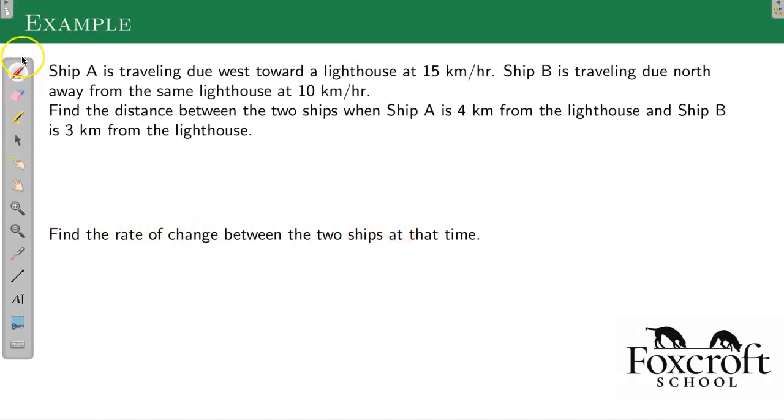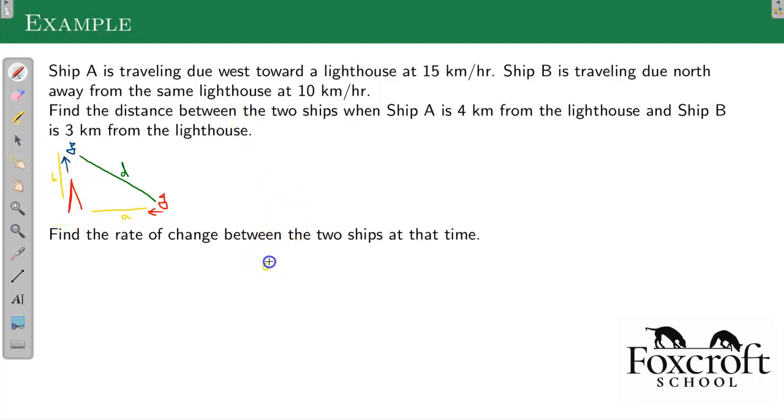So if we quickly redraw this picture: lighthouse, boat 1 going this way, boat 2 going this way, and we're going to figure out how this distance here is changing. If we want to know how this distance is changing, we need to know how far this boat is away and how far this boat is away.